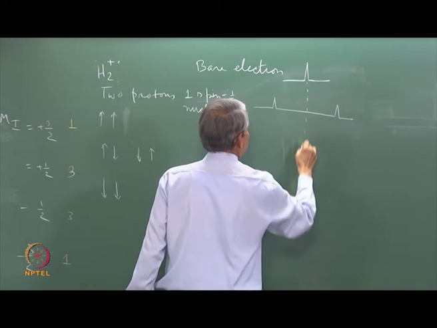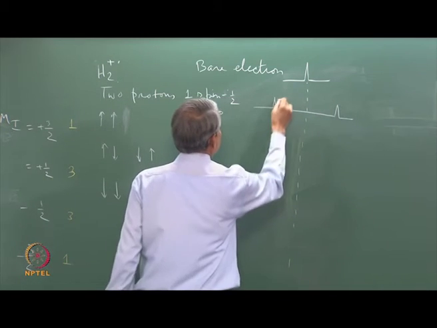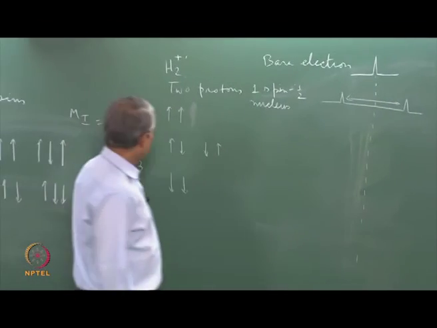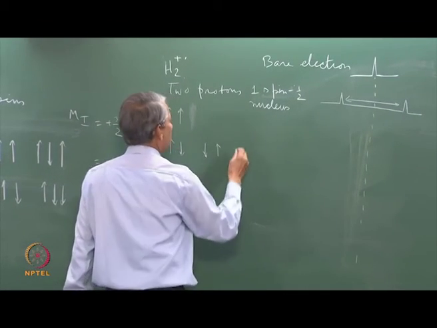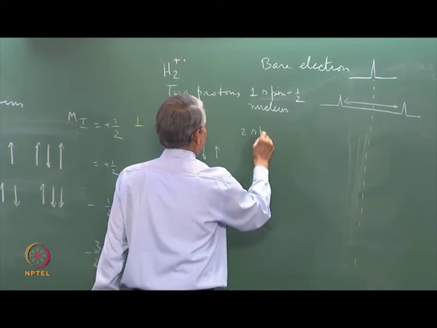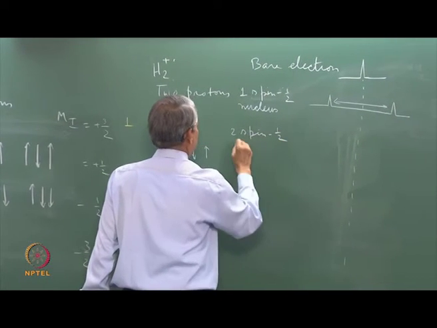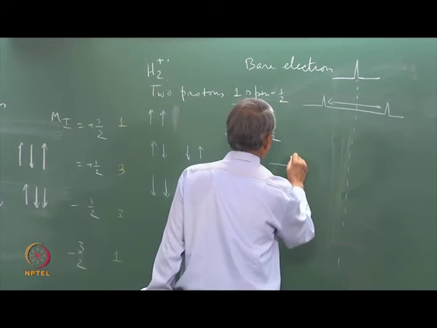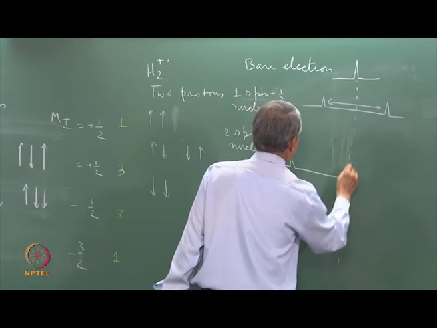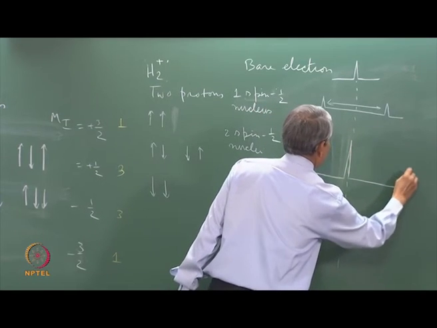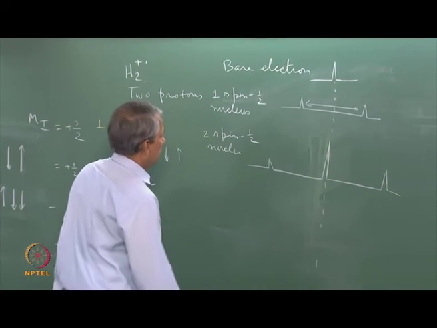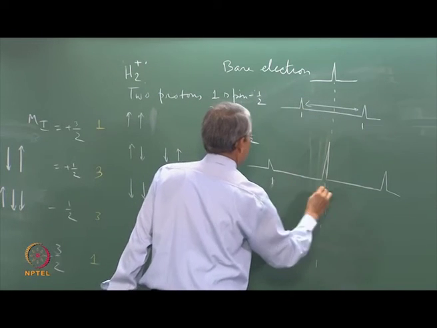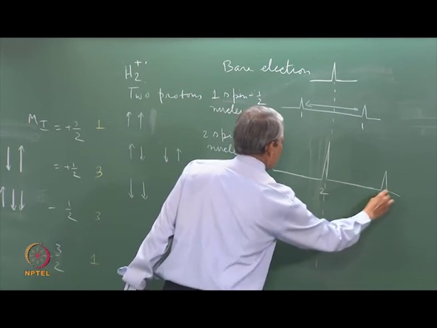So this is the center of this one. This means it is splitting due to the one spin half nucleus. In our case, it is a proton. If you have 2 of them, then the splitting looks like this. So here it was 1:1, now 1, 2, 1.